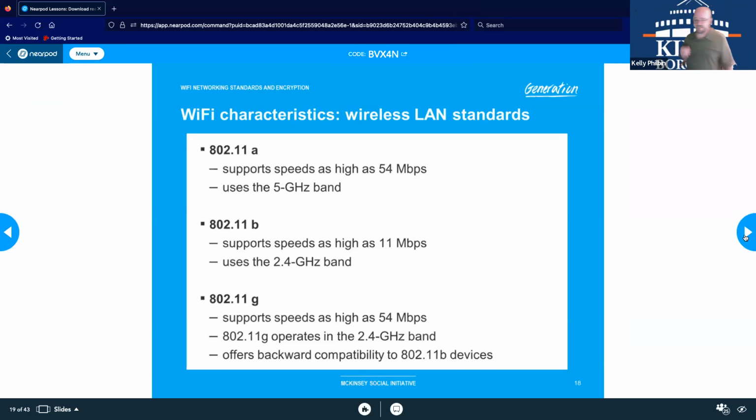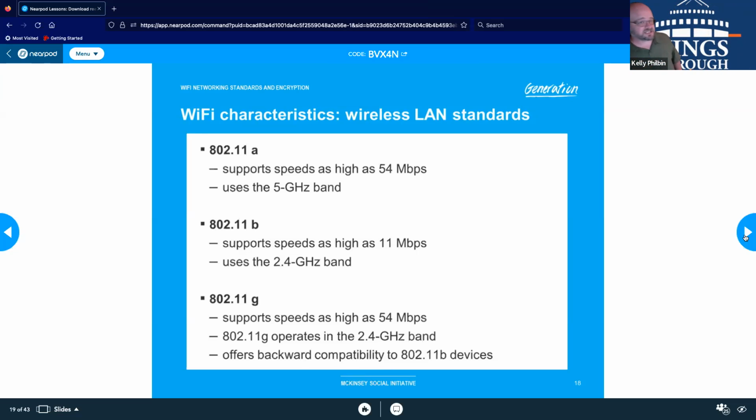The only problem is there's one really big caveat with the backwards compatibility. Devices all have to communicate at the same speed. So if you introduce an 802.11b device to an 802.11g network, it slows everything down to 802.11b because we all have to talk at the same speed.